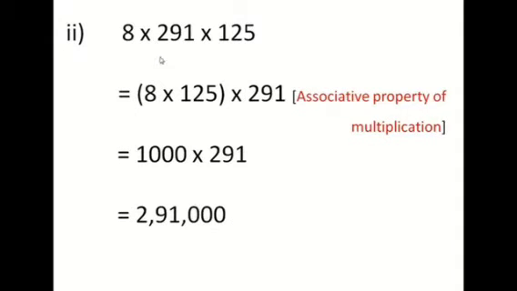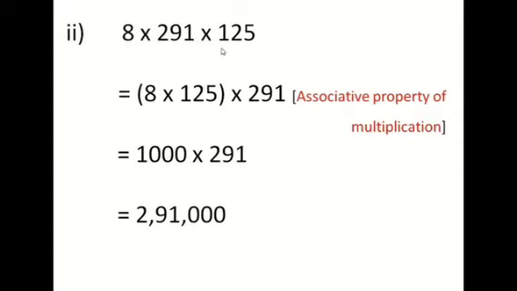Second question, 8 into 291 into 125. Here the grouping I have done is 8 into 125. Like the previous sum, you have to check the units place. If you take 8 and 291, then units place 1 eight is 8.